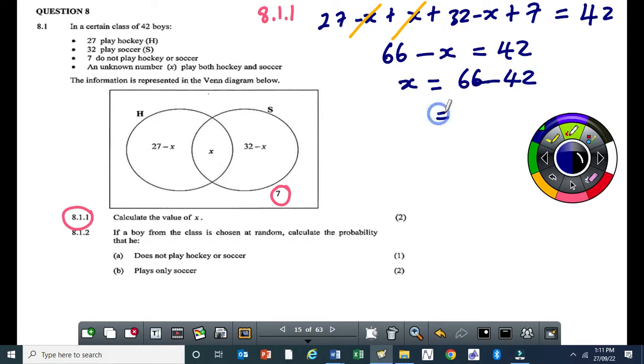At this stage, I don't expect you to struggle with solving that linear equation. So you get X equal to 24. If you take the minus X to the right, it becomes what? Positive, isn't it? Then you take the 42 to the left, the 42 becomes what? Negative, isn't it?